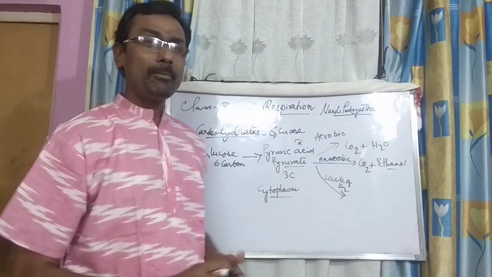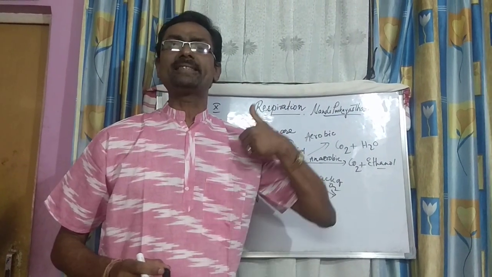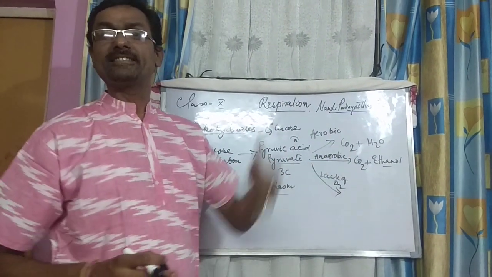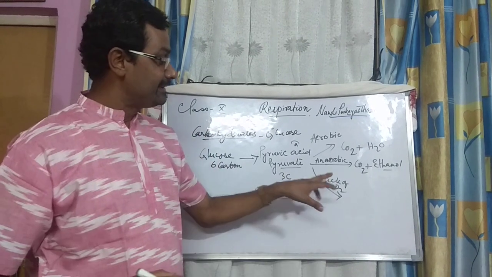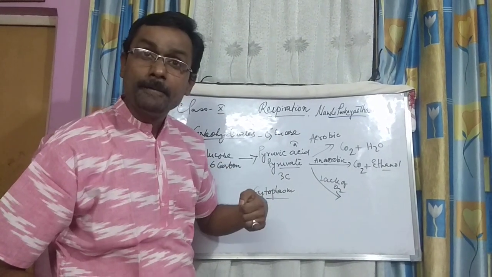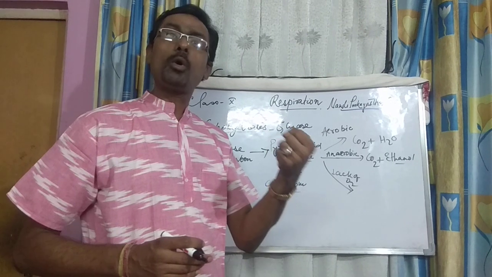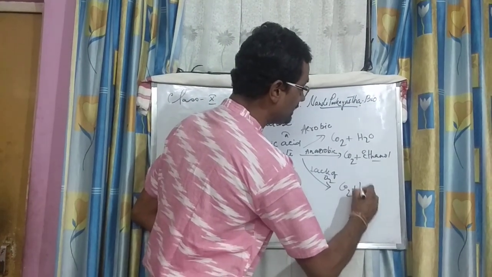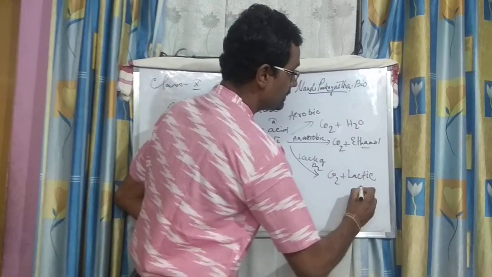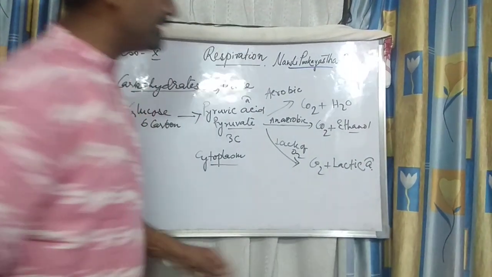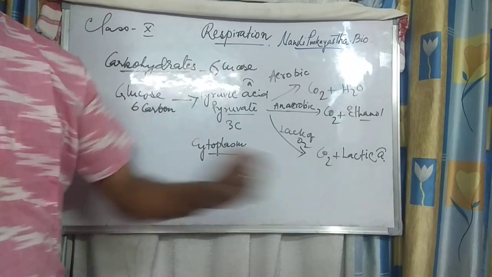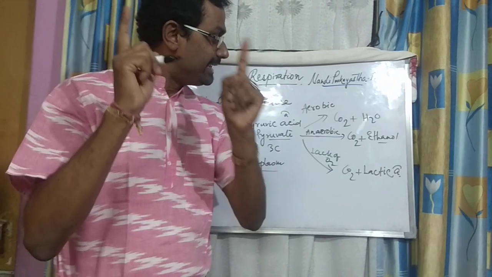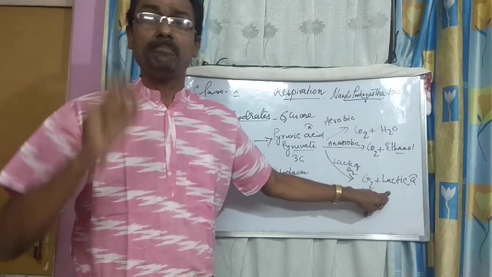How does it happen? Suppose all of a sudden in our body fat accumulation occurs and we are not doing our regular exercise. Now what will happen in that case? The cells that we have will not be getting the proper oxygen, and that leads to the formation of carbon dioxide and definitely lactic acid. Now see, this lactic acid is one of the most important things which leads to cramp.